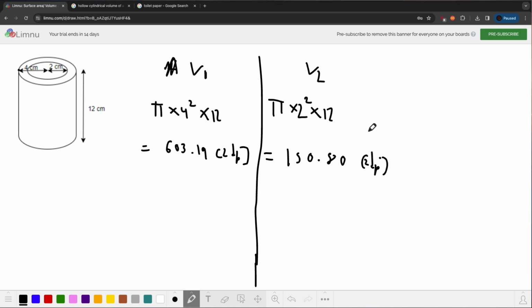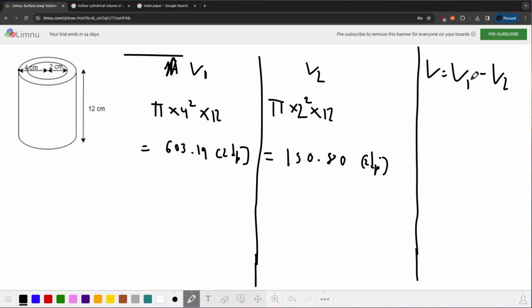So now we have the volume for both the big cylinder and the small cylinder. All we got to do is to minus them to find the volume of what's left. So to find the shape, this actual shape, you can just say V equals V1 minus V2.